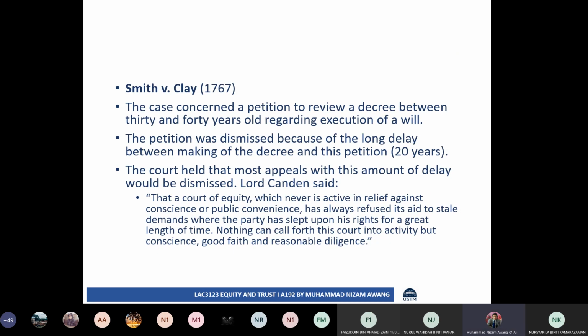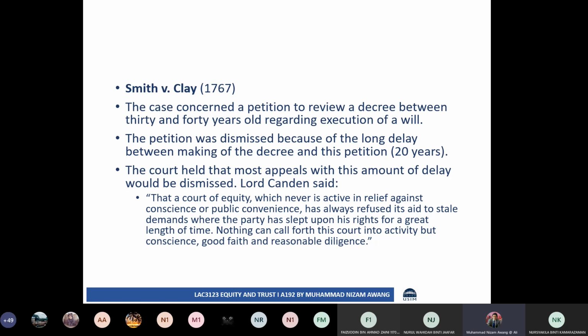In the next two cases, Smith and Clay, and another case, Allcard and Skinner, both are old cases. Basically, the delay was 20 years in this case, and the court viewed that the 20 years delay was not acceptable at all. As Lord Camden said, it was a delay of 20 years where the party had slept upon his right for a great length of time.